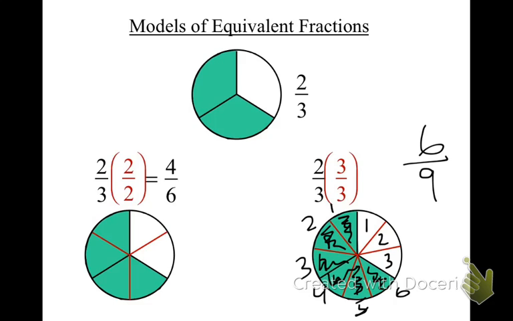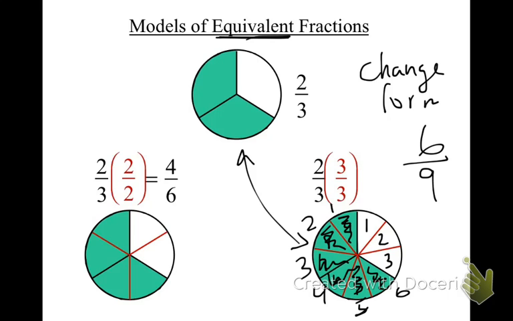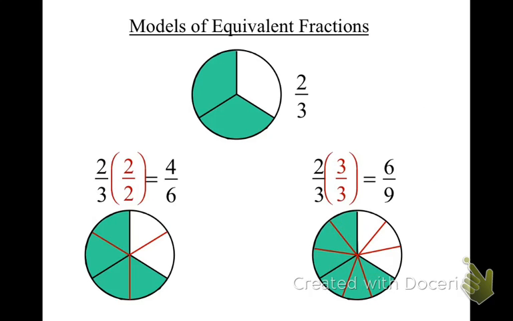So 6 out of my 9 pieces are colored. Technically, these are exactly the same. Once again, they're equivalent. All I did was change the form. Not changing the value, just changing the form. And that's how I got 6/9.